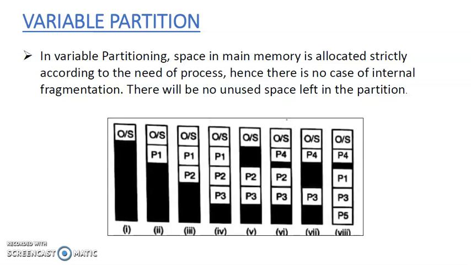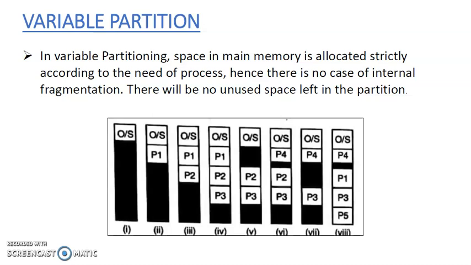After a while P4 wants to occupy the memory. The existing free space is less than the size of P4. Suppose we assume that P4 is smaller than P1, but it is bigger than the free area available at the bottom. So what will happen? P1 is swapped out and there are two chunks of free space in memory.